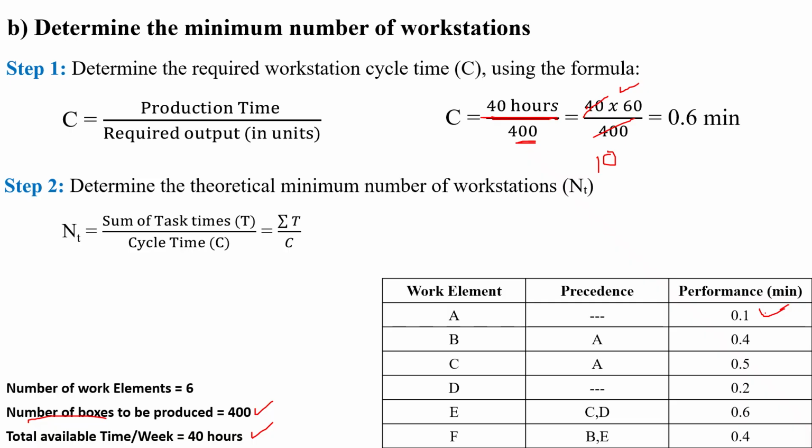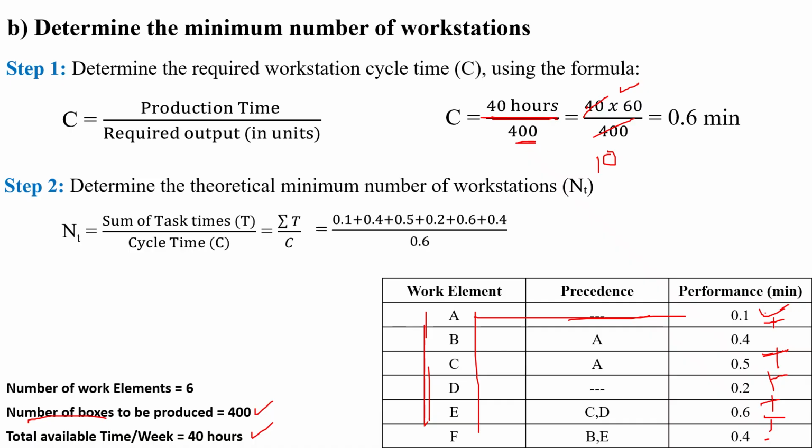Here there are 6 work elements with their performance times. So the sum of the task times, the summation of capital T, equals 0.1 plus 0.4 plus 0.5 plus 0.2 plus 0.6 plus 0.4, divided by cycle time.